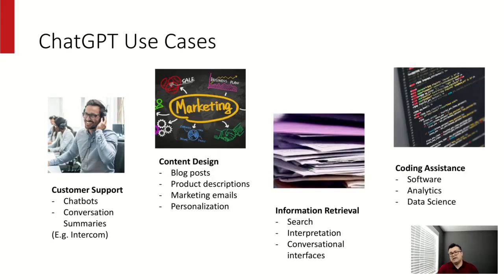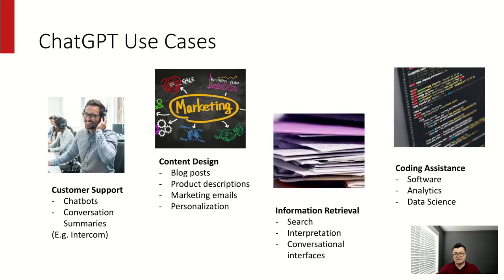Now, ChatGPT itself, there's various use cases out there that people are reporting on. I don't need to tell anybody what ChatGPT is because so many people are using it. But if you think in terms of use cases for businesses, customer support would be a big one, where you would be using chatbots anyways. Provide conversation summaries.